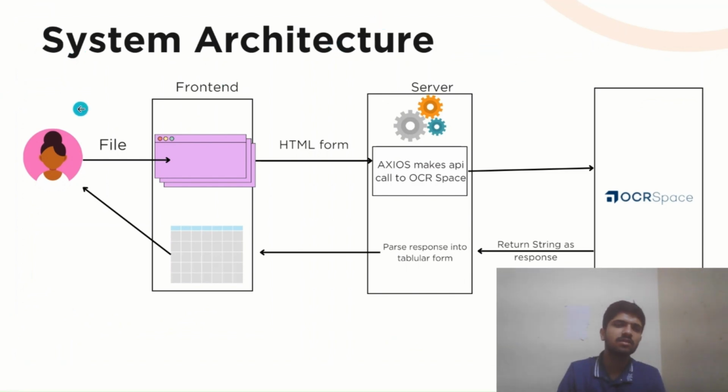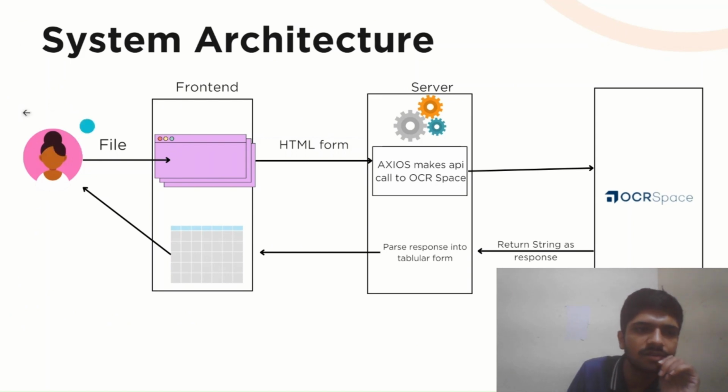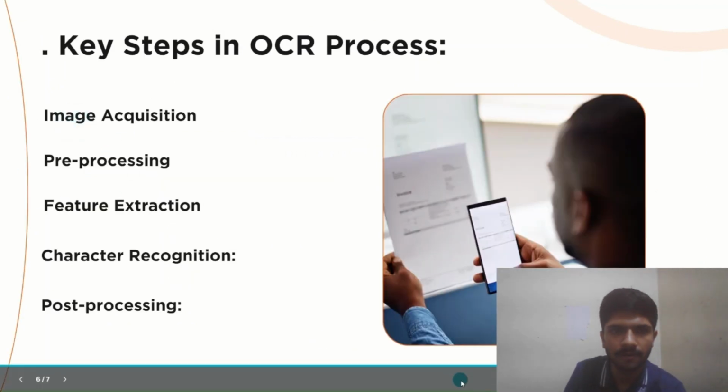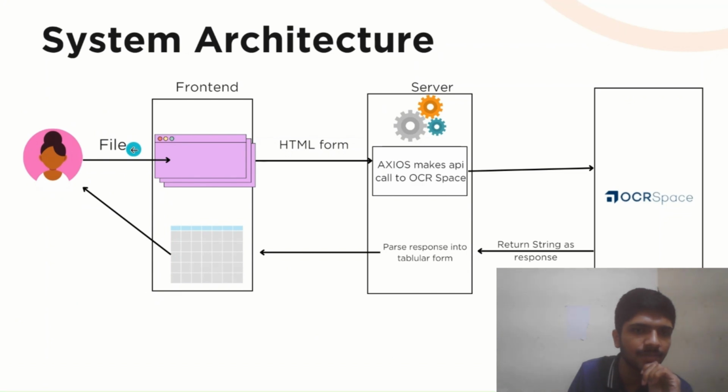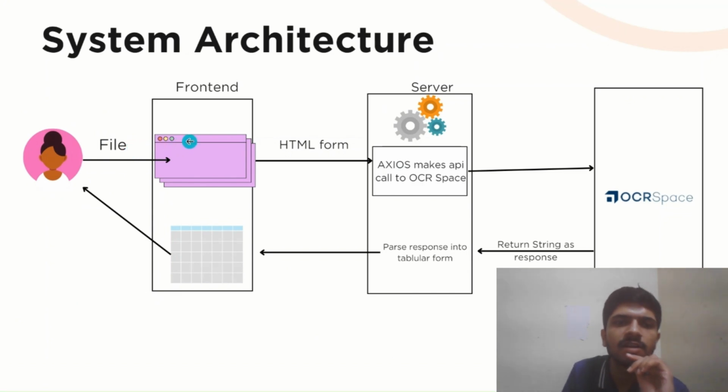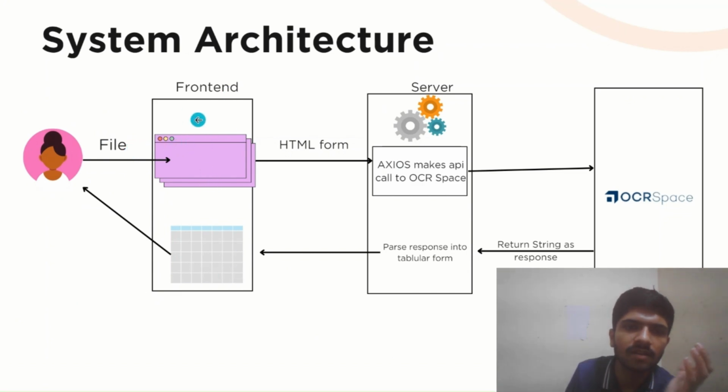So in my solution, the client who is using it will send the file, which can be in image or PDF format, to the front end, uploaded by the front end.